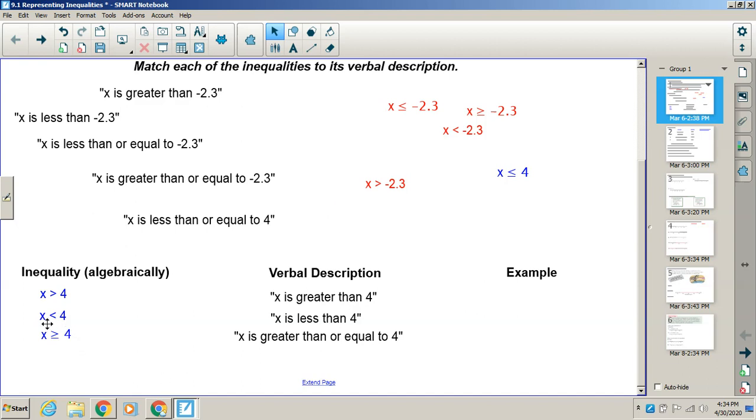Now, the difference between this third one and the first one we did: in the first one, x is greater than 4, it has to be anything bigger than 4. It cannot be 4. In this one right here, x is greater than or equal to 4, so it can be anything from 4 and up. This one here, x is less than or equal to 4, and that one would go there.